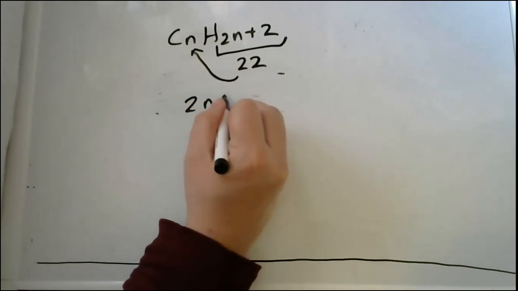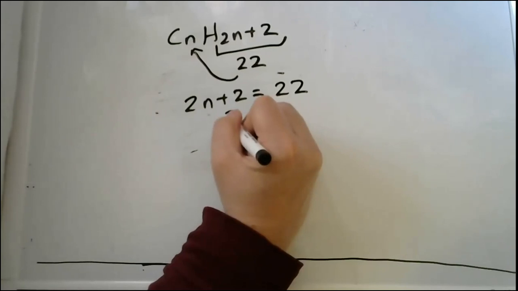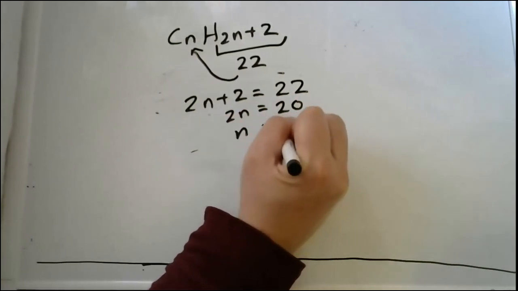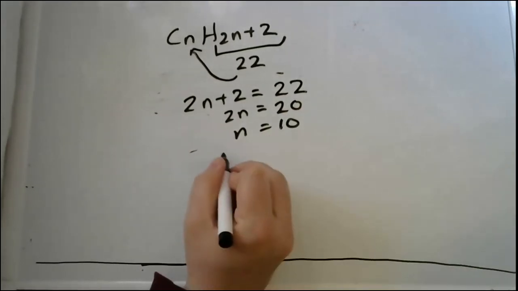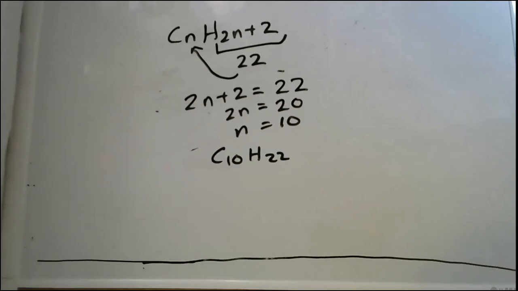We know that 2n plus 2 is going to equal 22. 2n is going to equal 20. n is going to equal 10. So it should be C10H22. This is how you can use your general formulas to figure out information about your hydrocarbon formulas.